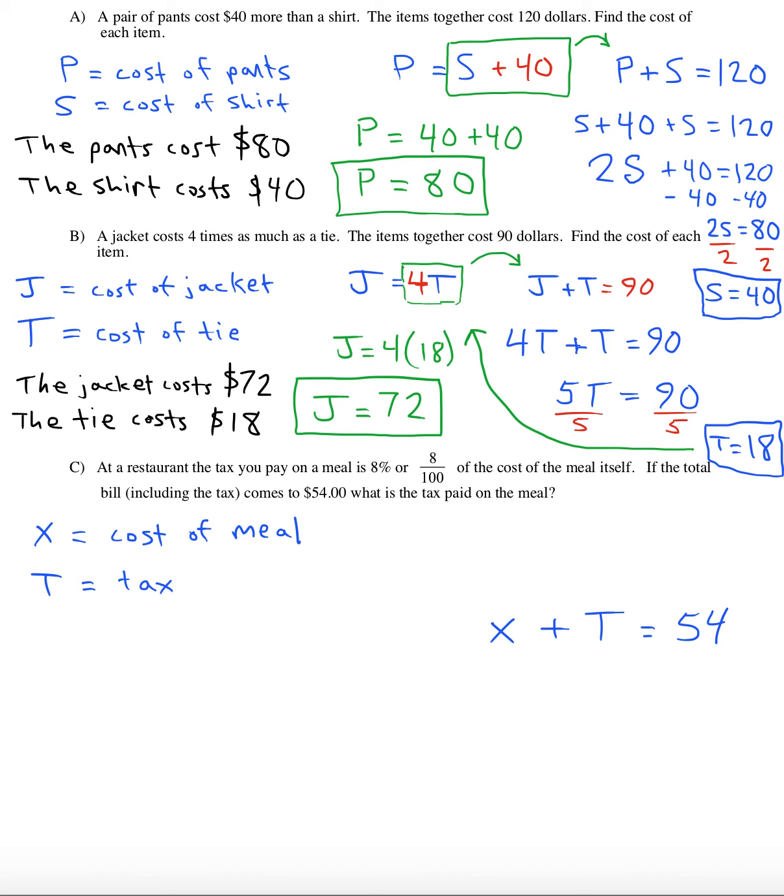And it comes down to the meaning and math of the word "of." Of in math means multiplication. And so when it says that you'll do 8 over 100 of the cost of the meal, they really mean 8 over 100 times the cost of the meal. That's how you calculate the tax.